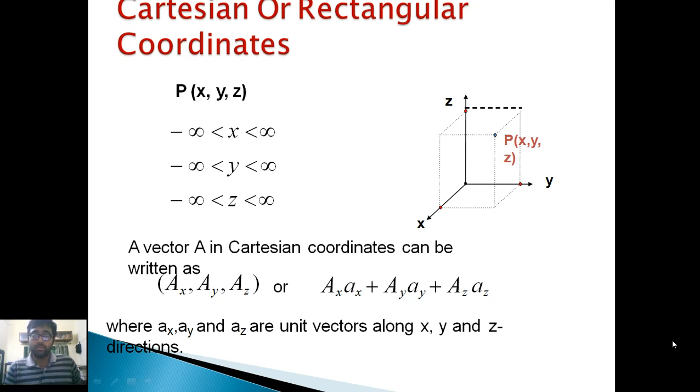So one vector A can be defined using these three vector components, along the x-axis, y-axis and z-axis. These are the unit vectors along the x, y, z directions. If we take the summation of these three vectors, we get the vector A which resides in the Cartesian or rectangular coordinate system. So let's go to the next slide.